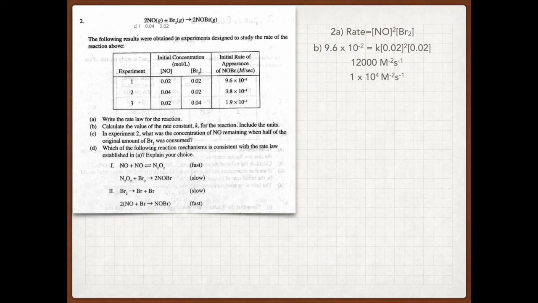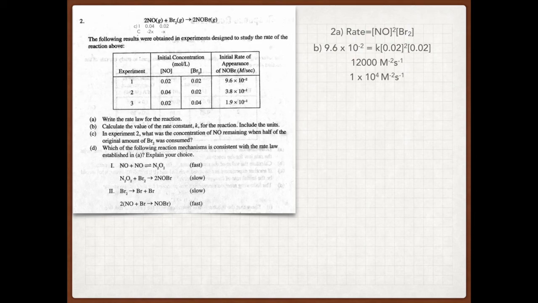But I don't have the concentration. My change, my C in this, is going to be minus 2x because I'm going to lose NO and I'm going to lose Br2. Keep in mind the minus 2x comes from the coefficient for NO. So that's minus 2x while Br2 is minus x. And it's asking when half of the original amount of Br2 was consumed.